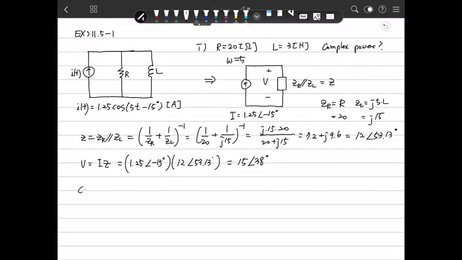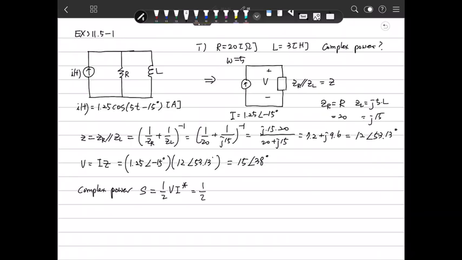So we can calculate the complex power. The definition of the complex power S is half V phasor times the current phasor's conjugate.